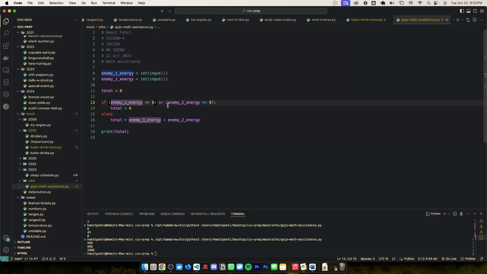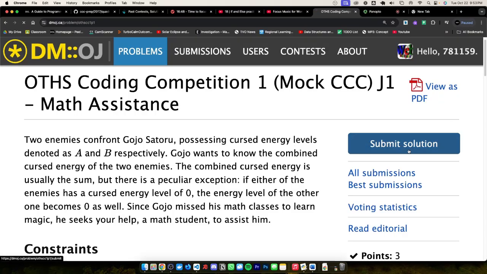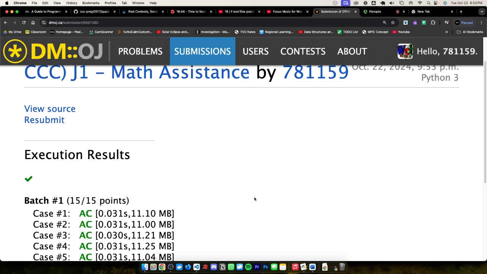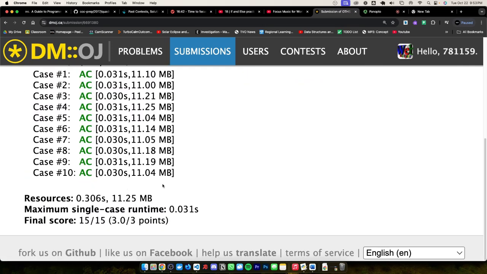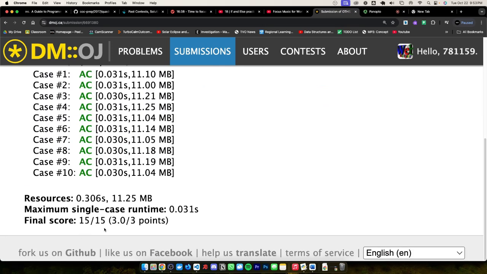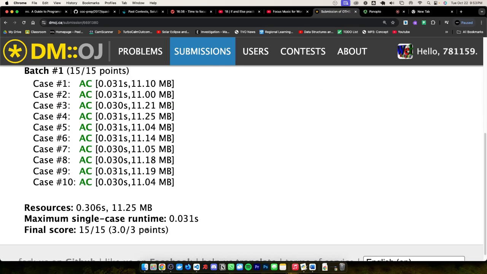And otherwise, if none of these enemies' energy is 0, then we can just output our total as normal. So if I go ahead and submit this solution now, as you can see, we passed all of the batch test cases, and we have 15 out of 15, or 3 points on the contest.